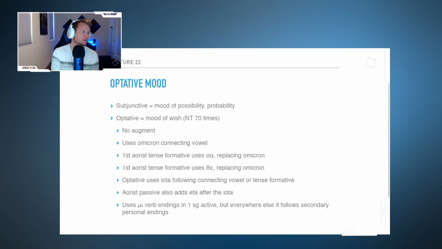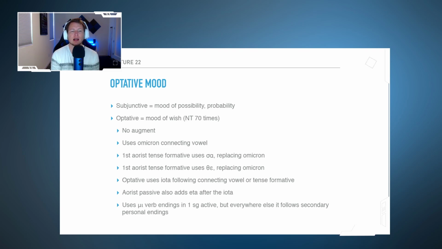So that's mi verbs. Let's move on to the optative mood, which we briefly touched base on when we covered subjunctive. Now, subjunctive is the mood of possibility. It's what is possible. It's what is probable. Optative is the mood of wish. It occurs 70 times in the New Testament.